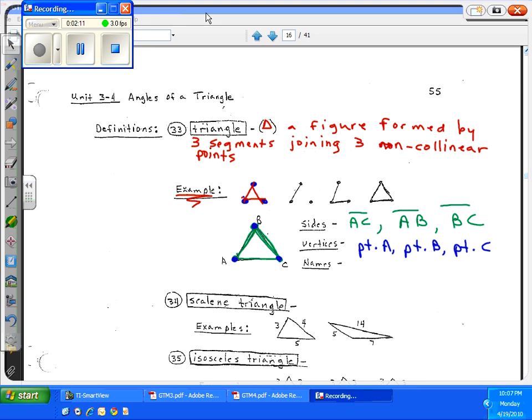So a triangle is a figure formed by three segments joining three non-collinear points. The three segments are called the sides. The three non-collinear points are called the vertices. You can name a triangle or any other polygon starting at one vertex and going clockwise or counterclockwise in either direction. So we could start at A and say triangle ABC. We could start at A and go the other way, triangle ACB.